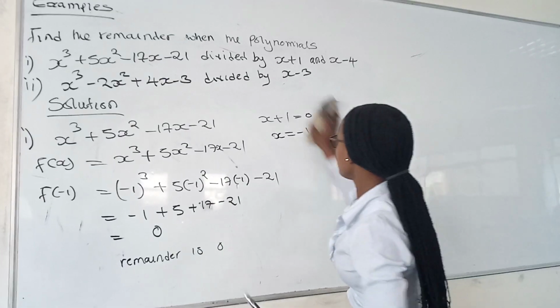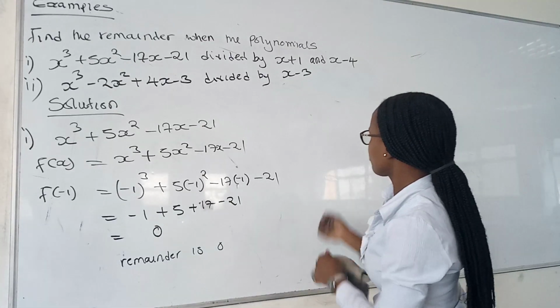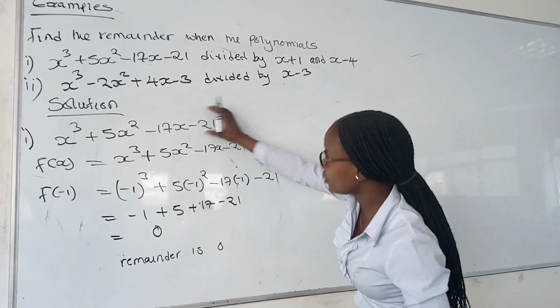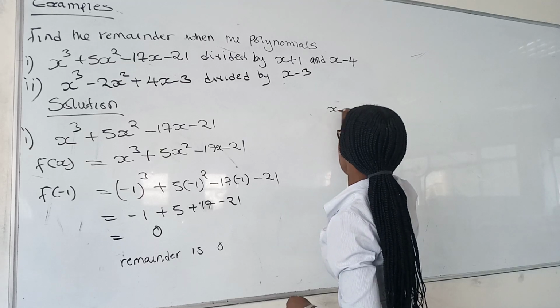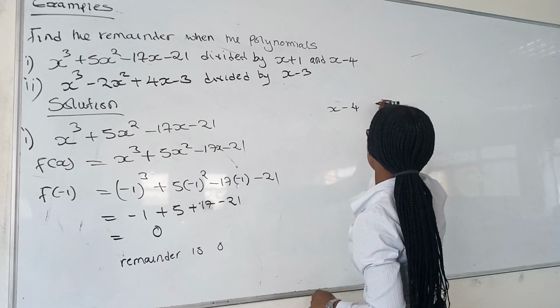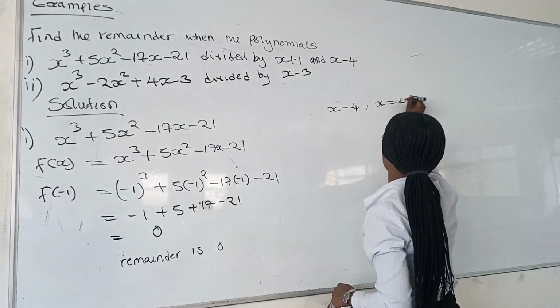So from there, I'll write this part. The same function, but x minus 4, which simply means that x is equal to 4.